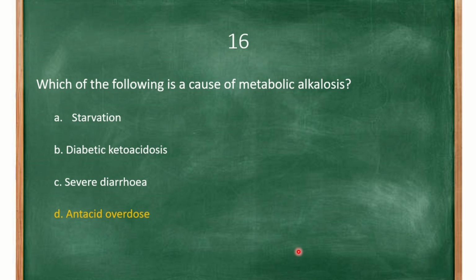Then B, diabetic ketoacidosis, the keto acids also lead to metabolic acidosis. Then severe diarrhea, you actually lose bicarbonates, and that will lead to metabolic acidosis rather.